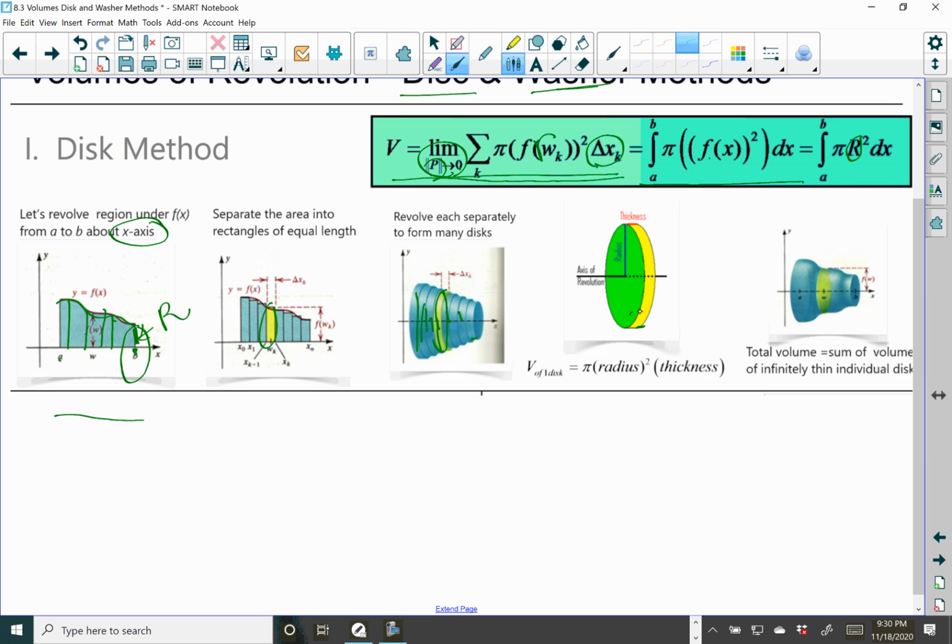And if I think about a disk, it's going to have a cross-sectional area of pi r squared, multiplied by its thickness, and that'll give me the volume of one disk. And if I integrate the volume of the disk, or accumulate and sum up all those volumes, we'll get the total volume.